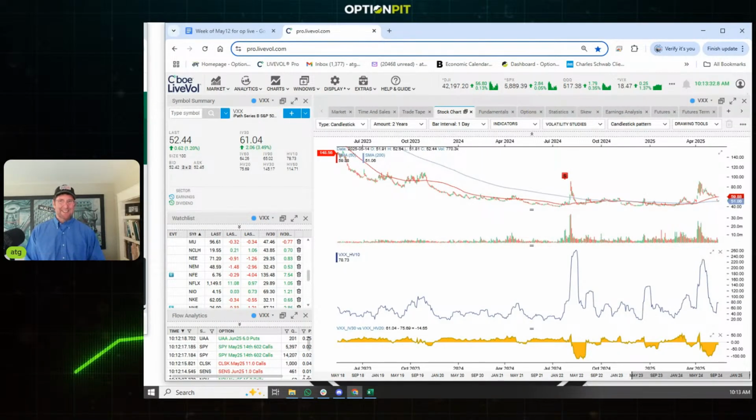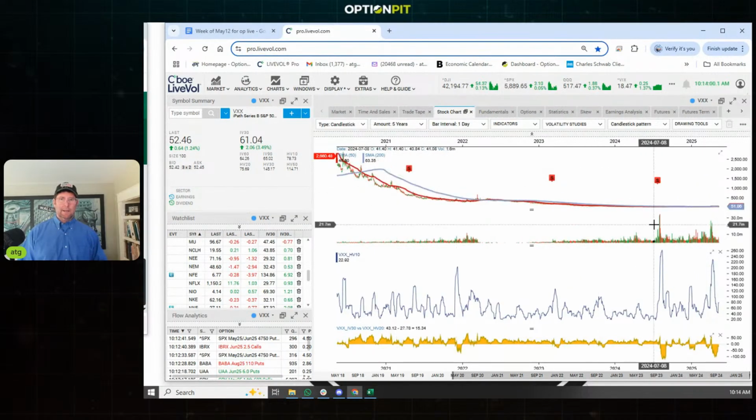What has happened since August is the market has not been able to get to a lower volatility. Why is that? It could be the guy in the White House. It could be the budget deficit. It could be anything. All I'm saying is this is a historical idea.